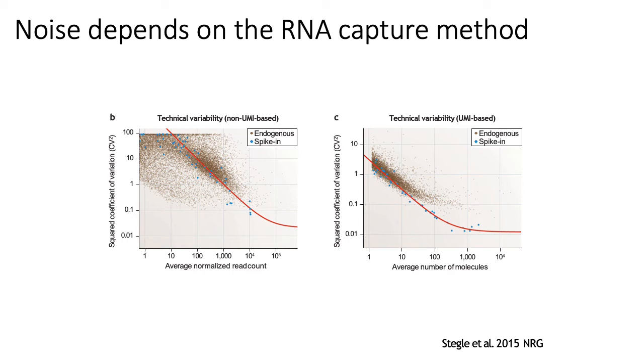You can see that the spread around the red line, which is the line of best fit, is relatively low and constant across the entire red line. Whereas for non-UMI based methods, which can't detect PCR duplicates, for example, you can see a much wider spread in the squared coefficient of variation than compared to UMI-based methods.